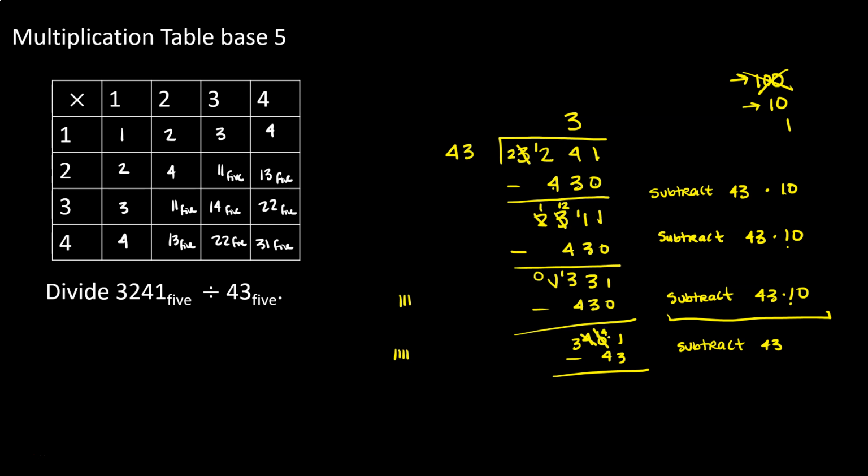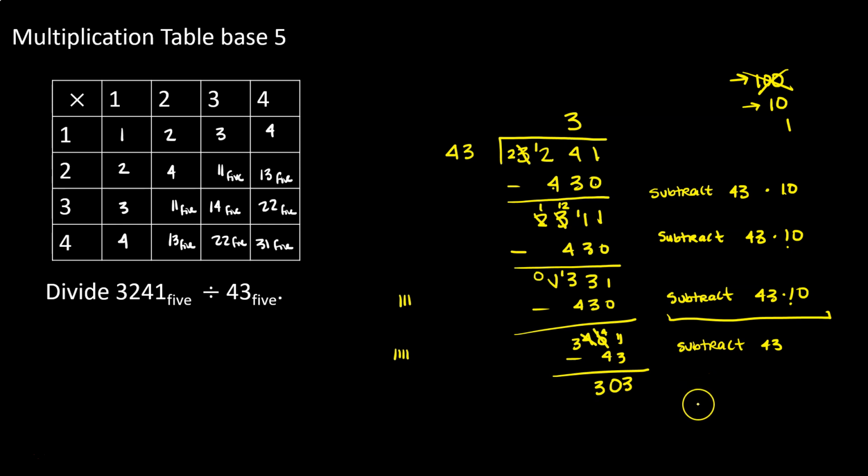In base 5, 10 minus 1 becomes 4. So now in my units place, I have 5 singles with another single, and I'm subtracting 3. That leaves behind 3. In my groups of 5, I have 4 minus 4, which is 0, and then in my 5 groups of 5, I have 3 left.